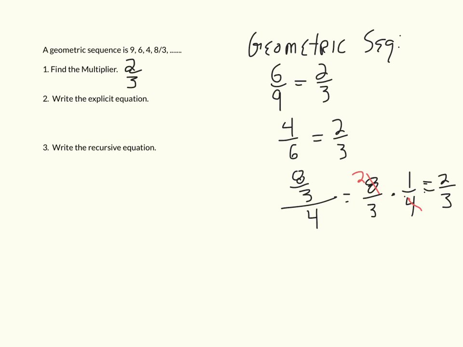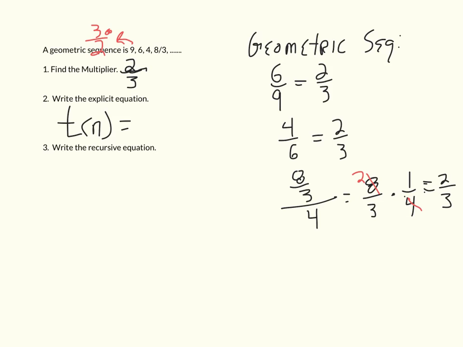So our explicit equation is going to be t of n equals the zeroth term. So in order to find the zeroth term, I need to go from 9 back 1 by multiplying by the reciprocal of my multiplier.